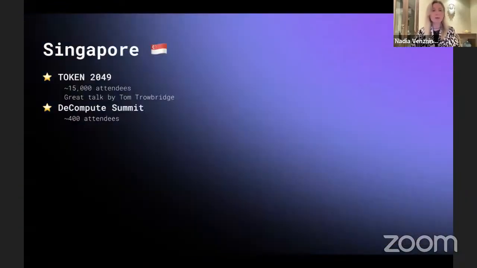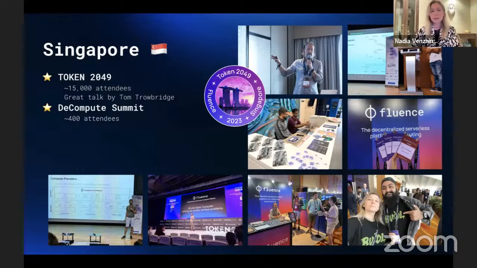That was an epic one, with many people. Probably the largest before India was Singapore, also with 15K attendees and many different events. The Compute Summit was a very nice one. We shared expertise, and I had a lot of discussions with the compute builders.